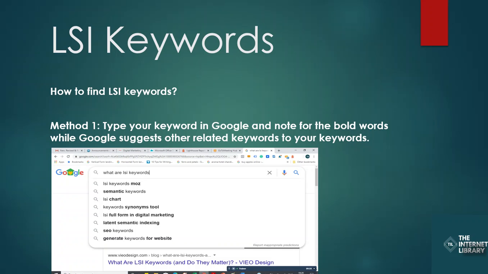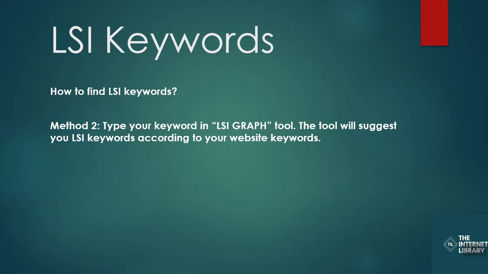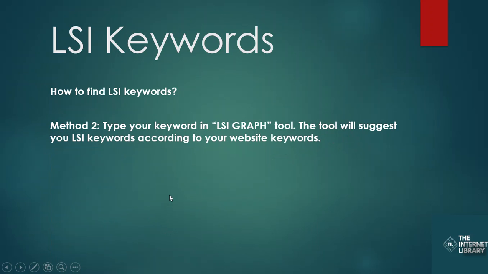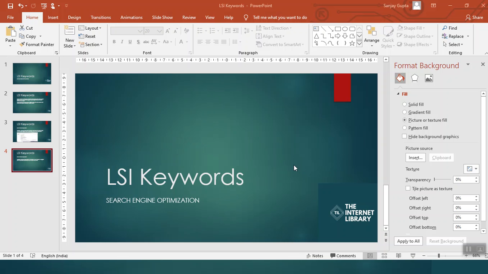The words that give a hint on which subject the article is based are known as LSI keywords. The first method was to search here, and the second method is to type your keyword in an LSI graph tool, and the tool will suggest LSI keywords according to your website keywords. So these are two methods of searching.